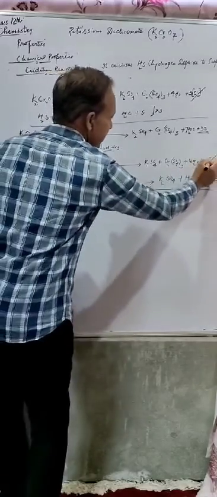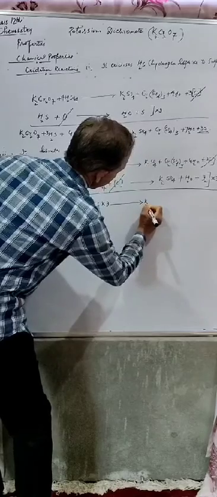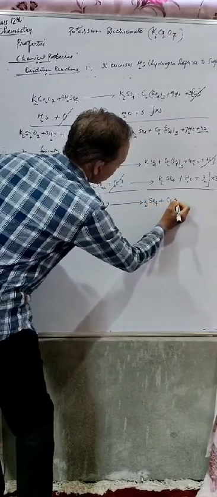This and this get cancelled and it gives K2SO4 plus Cr2(SO4)3.